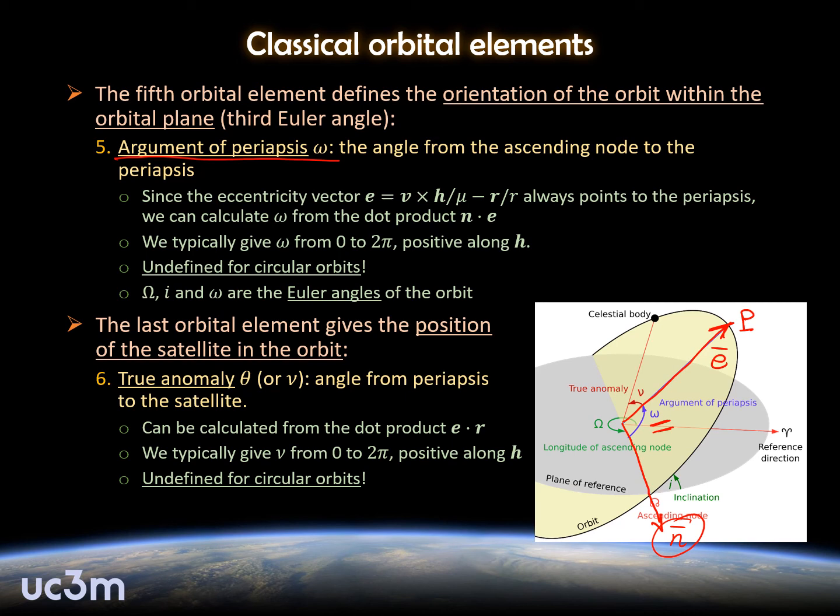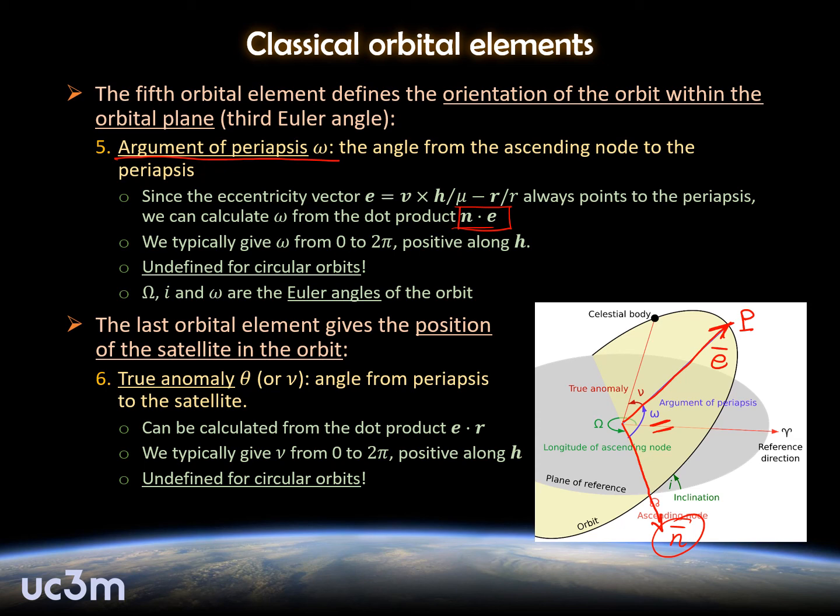So if we compute it, we can find the cosine of small omega by taking this dot product. Again, sometimes it is necessary to disambiguate the value of omega, so it's usually necessary to take some additional steps to distinguish between positive and negative values of this angle, because the cosine of omega is an even function.